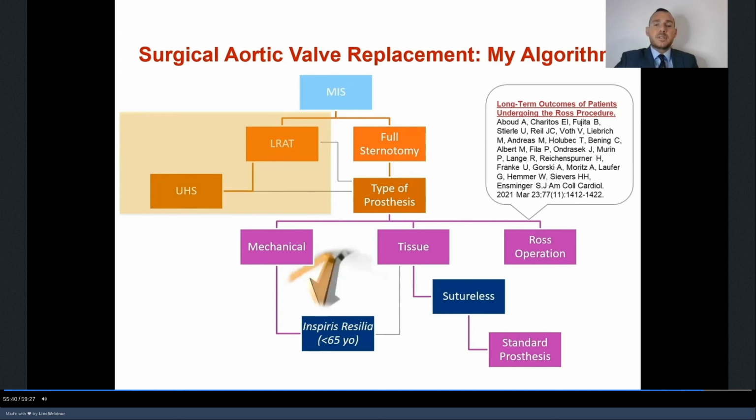If the patient is younger than 65 years old and is not happy with a mechanical valve, definitely an Inspiris Resilia would be my preferred option. Otherwise, if the patient is happy with a tissue valve, the sutureless valve would be my default option. If a sutureless valve is contraindicated, I would go for a standard tissue prosthesis.